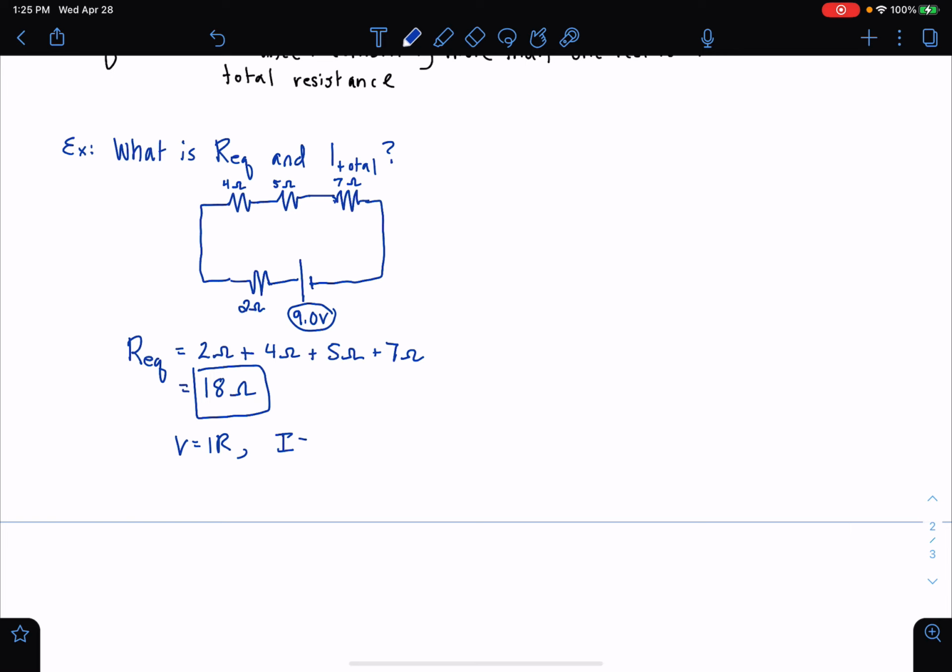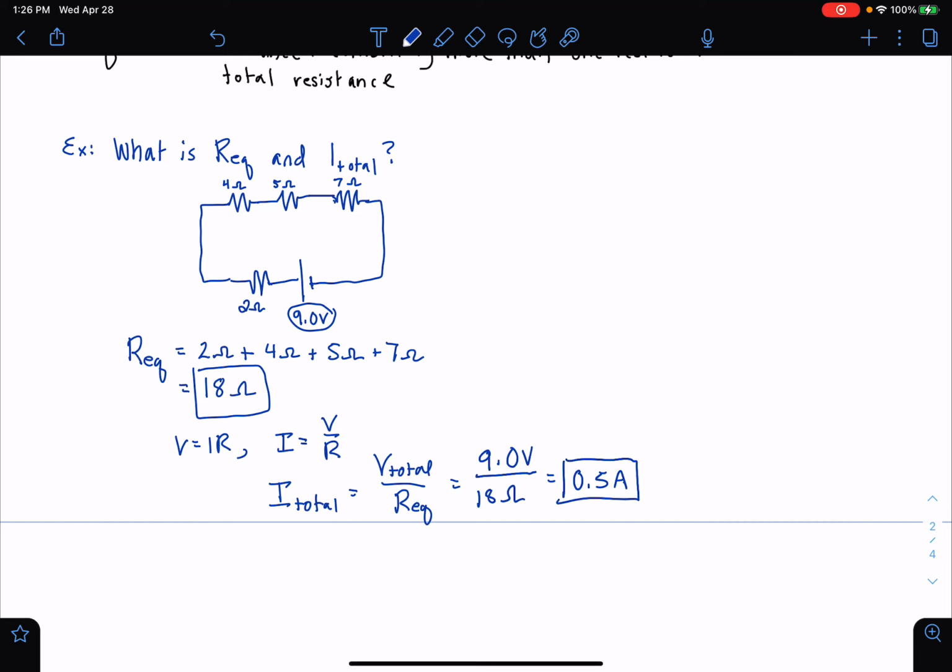So I equals V over R. So I total equals V total over REQ, which is 9 volts divided by 18 ohms, which is 0.5 amps. Okay? So your equivalent resistance can be used to figure out the current going through your circuit as well. And that's because we know the voltage of the battery.